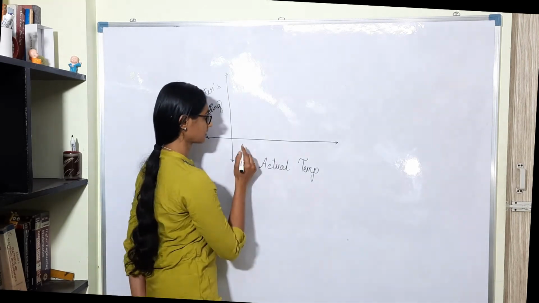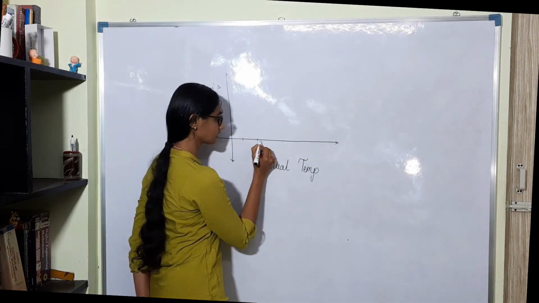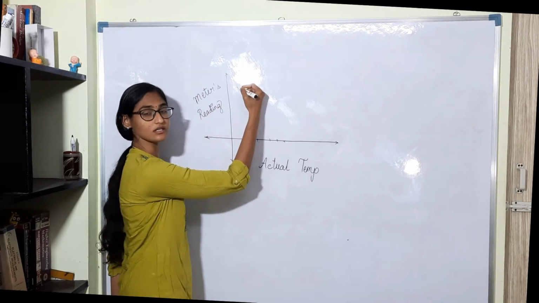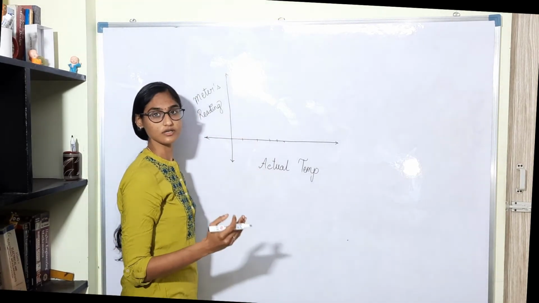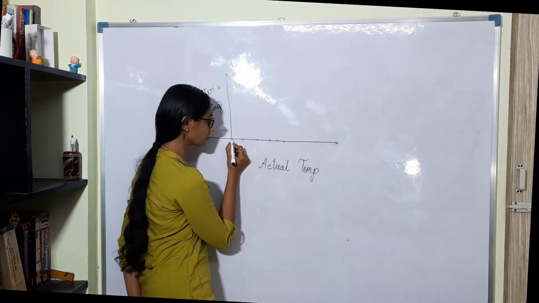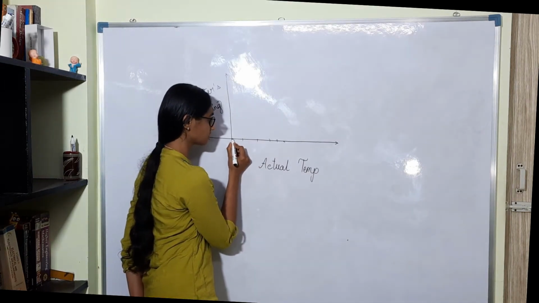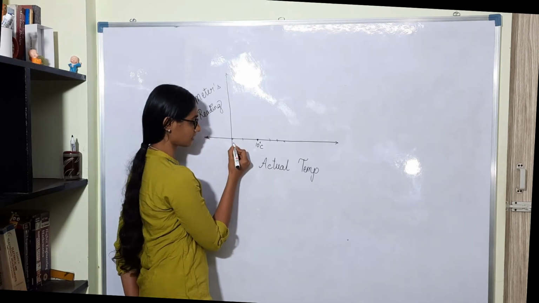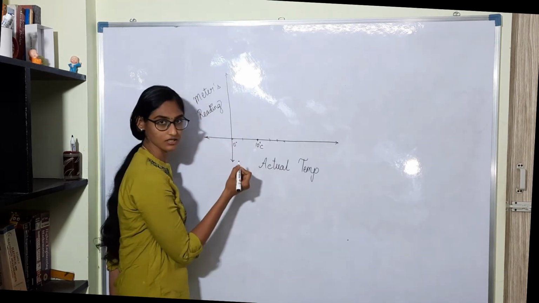Consider this case. The actual temperature keeps on increasing and your device is also expected to increase its reading based on the actual temperature. But when I am keeping on increasing the temperature from 0 till say 10 degrees Celsius, I have an ice, okay, I have a medium at 0 degrees Celsius.